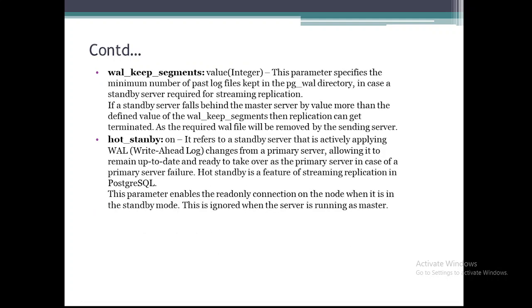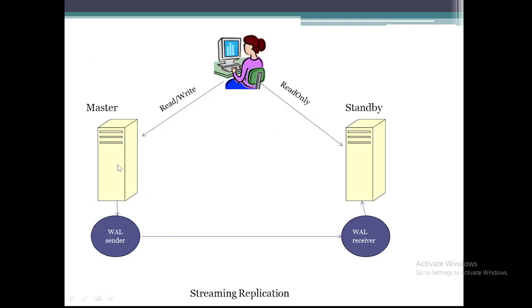Another one is wal_keep_segments. This parameter specifies the maximum number of past log files kept in the pg_wal directory. I told you already that on the master server all the changes or updates get written to the WAL segments in the WAL directory. The wal sender sends these WAL files to the receiver.